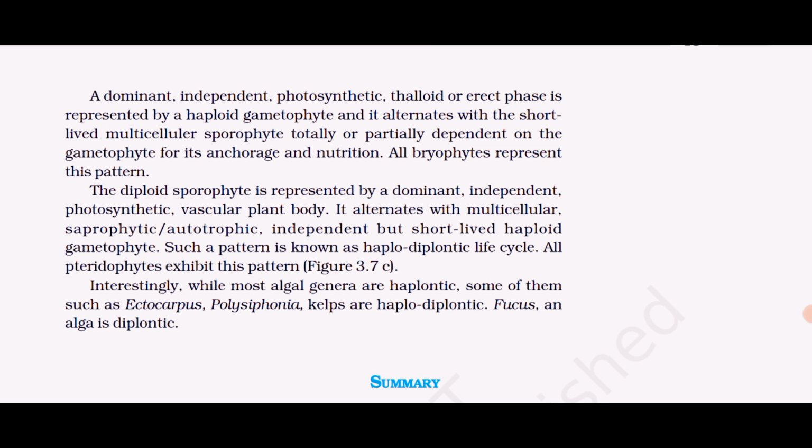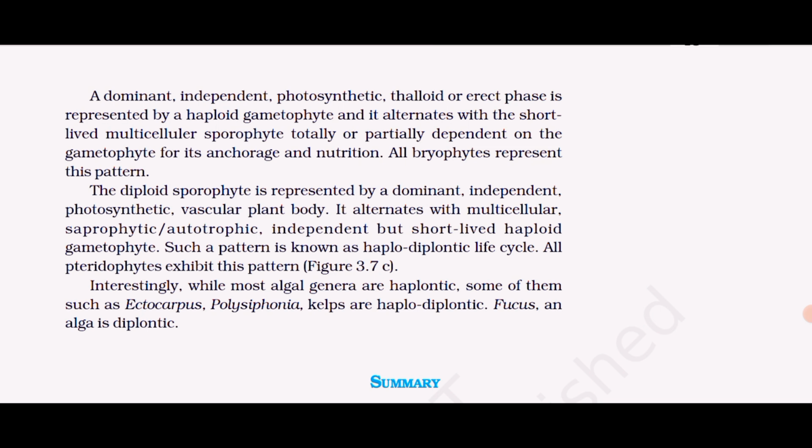The diploid sporophyte is represented by a dominant, independent, photosynthetic vascular plant body. It alternates with multicellular, saprophytic or autotrophic, independent but short-lived haploid gametophyte.